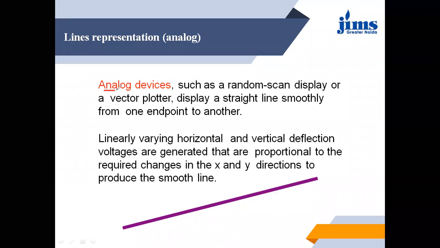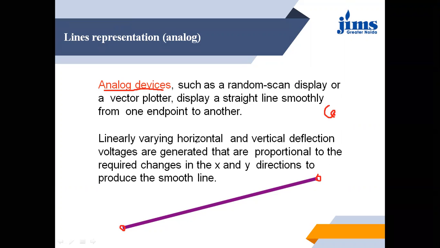When we have to draw a line on analog devices such as a random scan display unit, a vector plotter displays a straight line smoothly from one endpoint to another endpoint. You can see over here that when we draw a line from this point to this point, the line seems very smooth because this is a continuous platform.